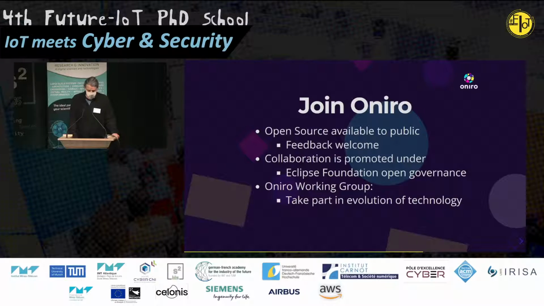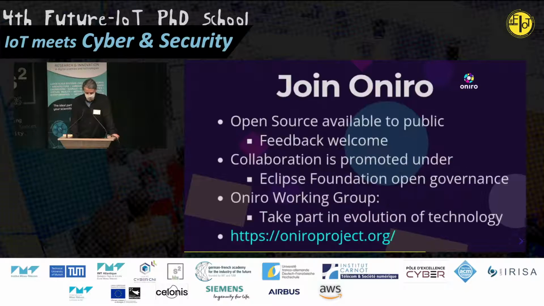And this organization has a working group specific for Oniro, and then you can take part in the decisions and try to push for a new feature, discuss, get feedback from the others, and also get other benefits for joining the project at the decision level. So yeah, the main address is Oniro project.